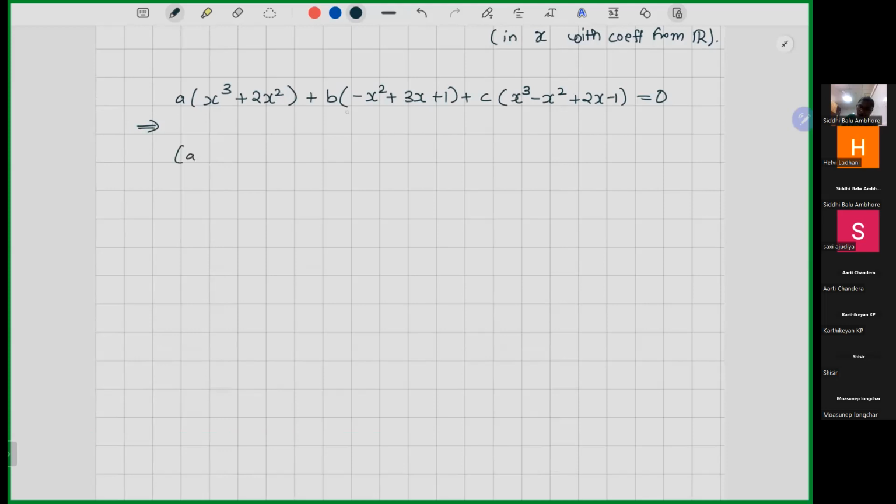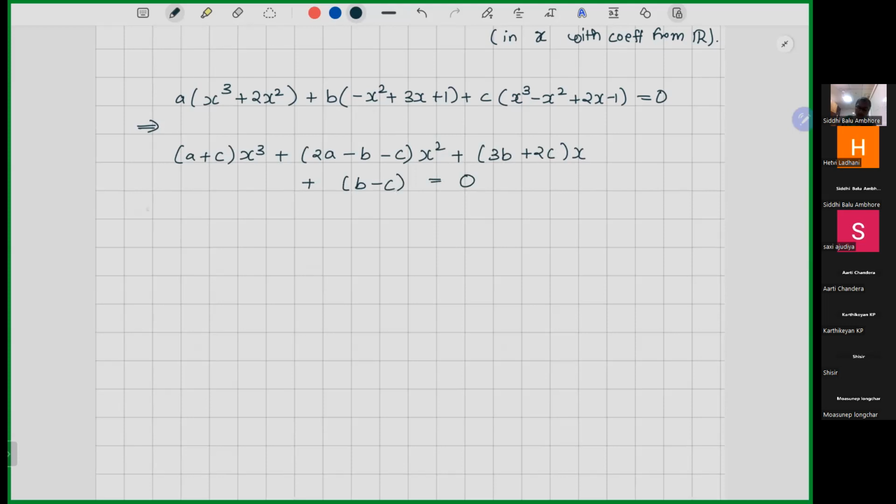So what we will get? For x cube, in the first element we do not have anything, in the second element we do not have anything of degree 3, in the third I get c. So a plus c, x cube, plus, for x square, I have 2a from the first element, from the second element I have minus b, third one I have minus c, x square, plus, now first one does not have any coefficient for x, second one has 3b and third one has 2c, x, and last one is for the constants, I have b minus c is equal to 0.